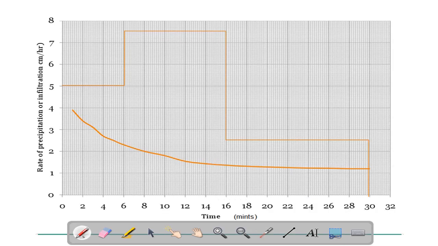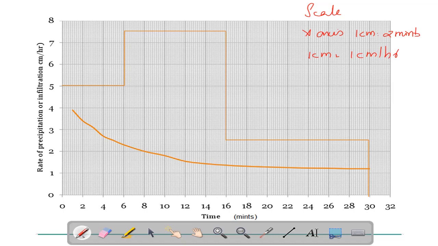This is the graph, time in minutes and rate of precipitation or infiltration. If you consider the scale, the x-axis represents 1 centimeter equal to 2 minutes and the y-axis 1 centimeter equal to 1 centimeter per hour precipitation.